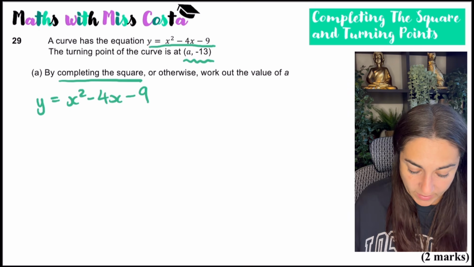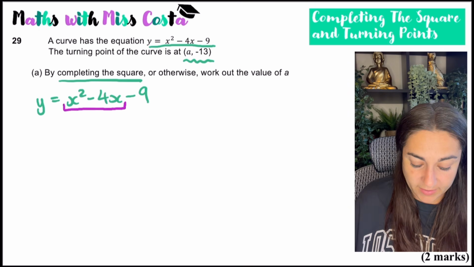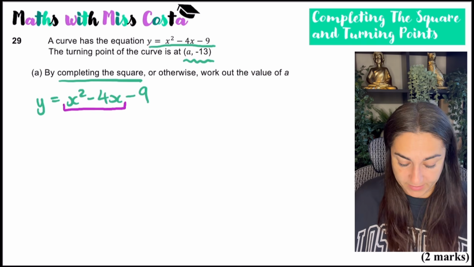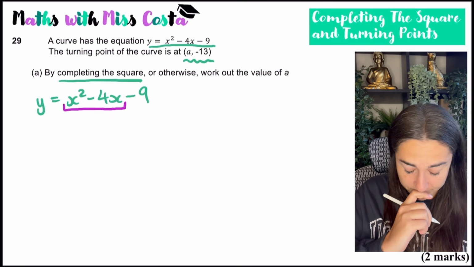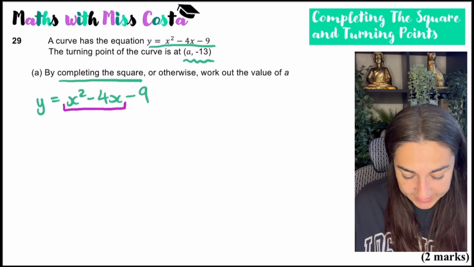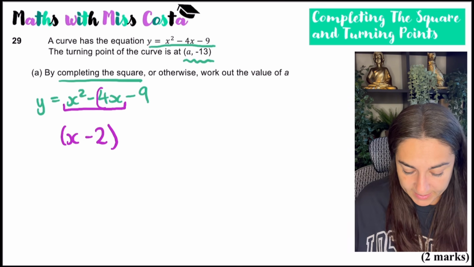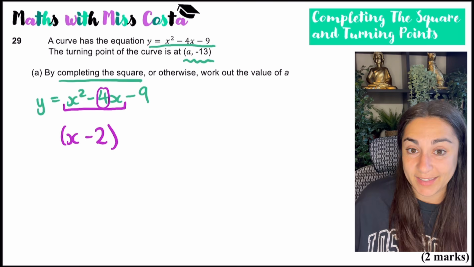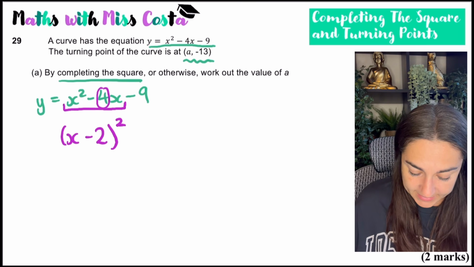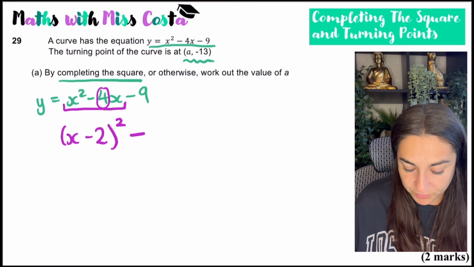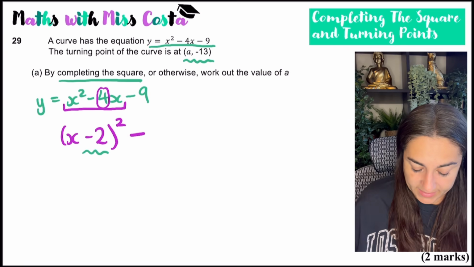To complete the square, I'm just going to look at this bit and try and factorize it. So x squared minus 4x, what I do is I halve the coefficient of x, and I put it inside the bracket, and then I square it. So (x minus 2) squared, and then I subtract the square of this.